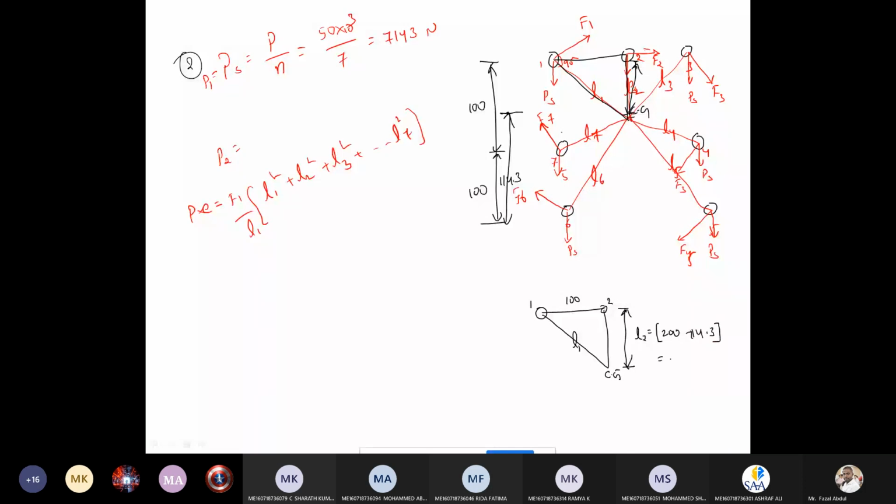How much, Babu? 200 minus 114.3. It is 85.7.